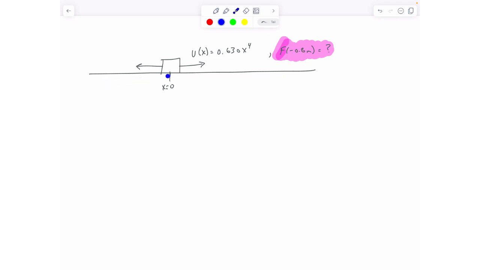So when this thing moves, let's say here, negative 0.8 meters away, I could find the energy by just plugging in negative 0.8 into x, and I have my energy in joules. But I want to find the force, of course, in newtons.